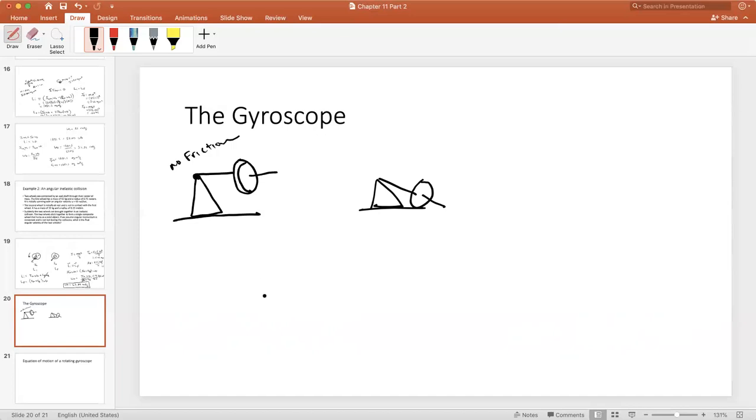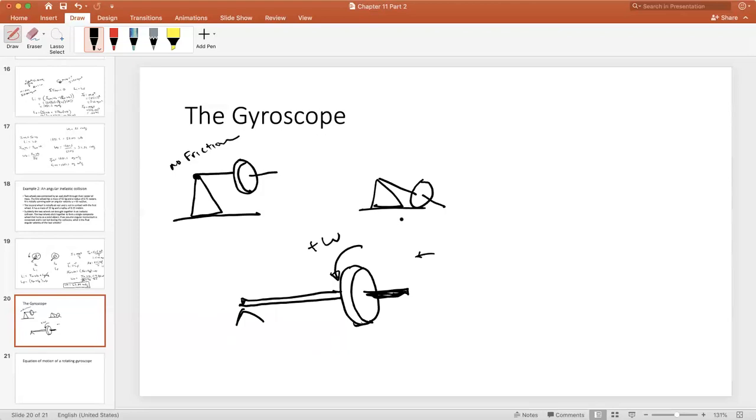So first of all, we need to look at this wheel, with the shaft coming out of it. This wheel can go around, and if we assume that we're looking at it this way, then omega is positive.